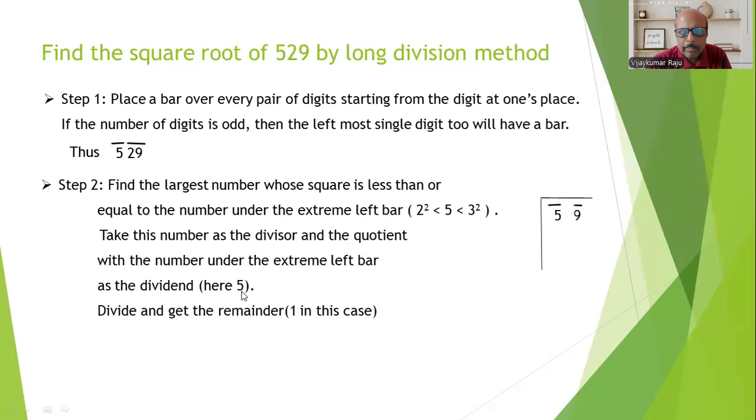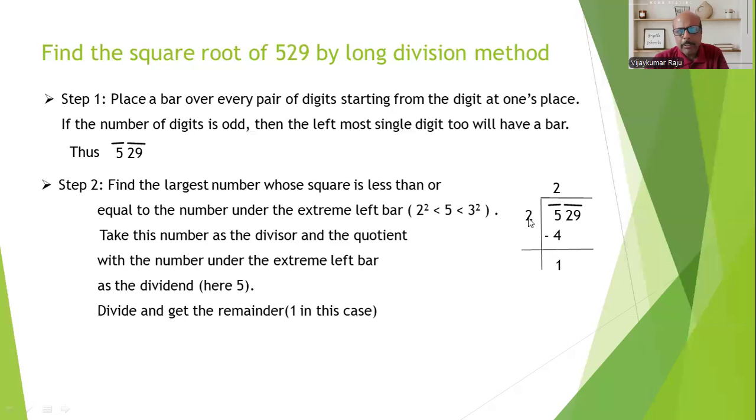So 2 is the number we have chosen. You write 2 here as a divisor and a quotient. 2 twos are 4. Write 4 here and subtract it. What will you get? 1. Clear?